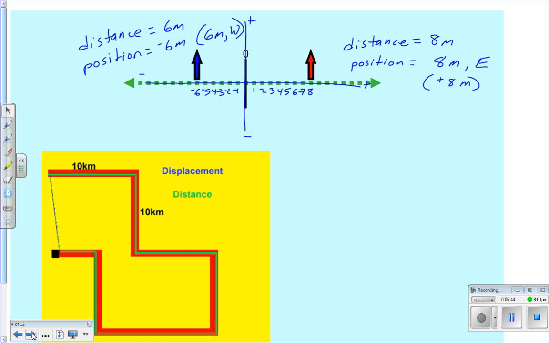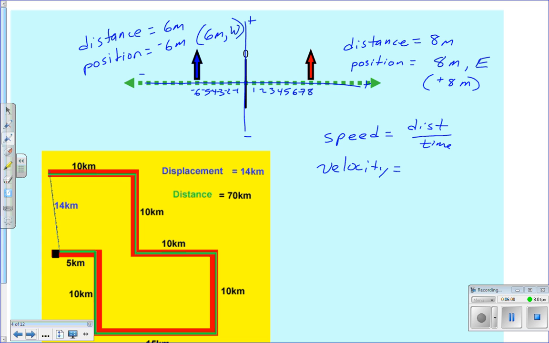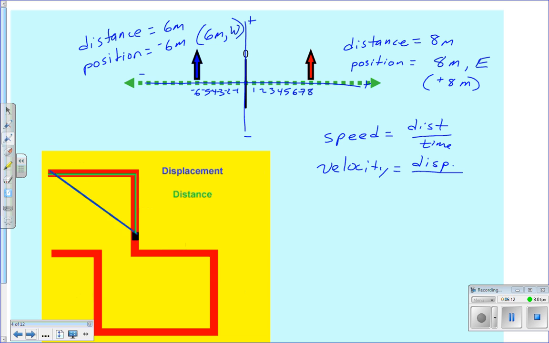When we talk about speed, speed is just a distance covered in a certain amount of time. Okay, velocity is a displacement in a certain amount of time.